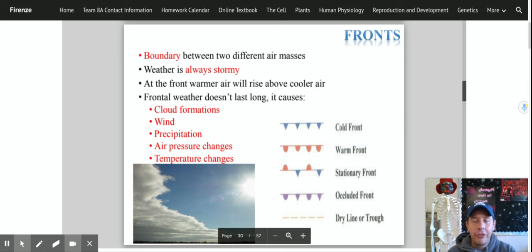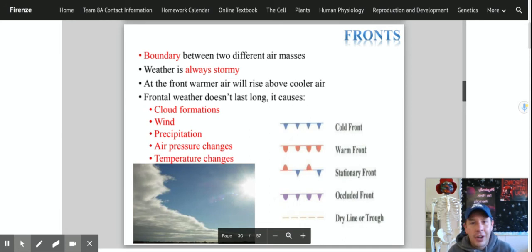Anyway, so the front of these air masses, the front of these bubbles, are called fronts, okay? And at every single front, you're going to get some sort of stormy weather because there's going to be a transition of weather from one kind to another. So at a front, the warmer air will always rise above the cooler air and they kind of start fighting with each other.